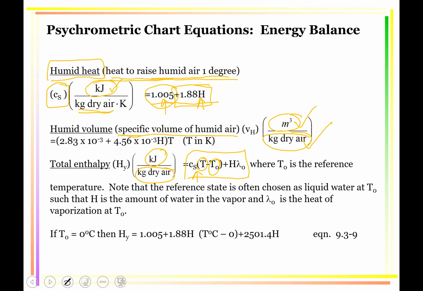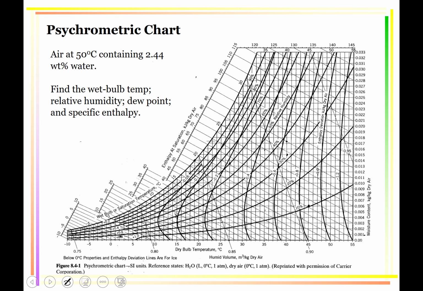T0 is the reference temperature. And H, again, is the amount of water in the air, and lambda 0 is the delta H of vaporization of the water, which has been vaporized into the air. So this is just a simplification down here. So these all come from your Giancopoulos book.